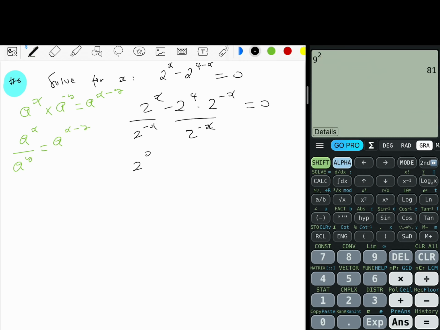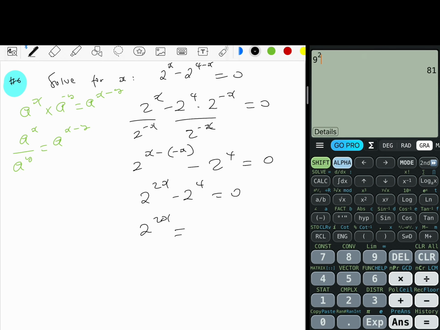So you're going to end up with 2x minus x minus 2 power 4, because this and this cancel and you end up with 0. And then x minus negative x is x plus x, which is 2x. So 2 power 2x minus 2 power 4 is equal to 0.